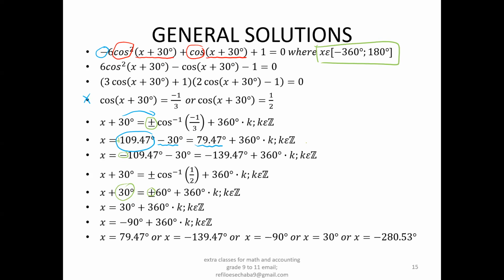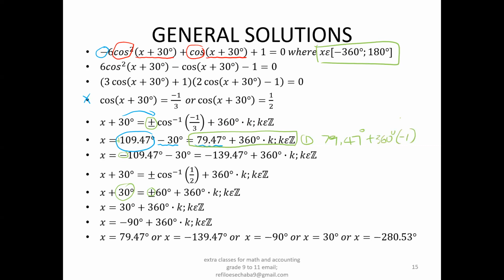Where there's k, I will simply substitute any value as long as that value gives me a value that is between negative 360 and 180. The best value to do that will be if I take that 79.47 degrees, and where there's k, I simply substitute negative 1. So I'll have 360 degrees, and where there's k, I will simply substitute negative 1.